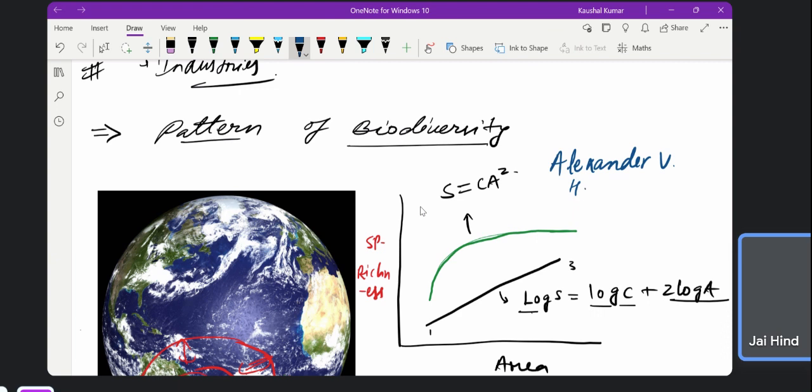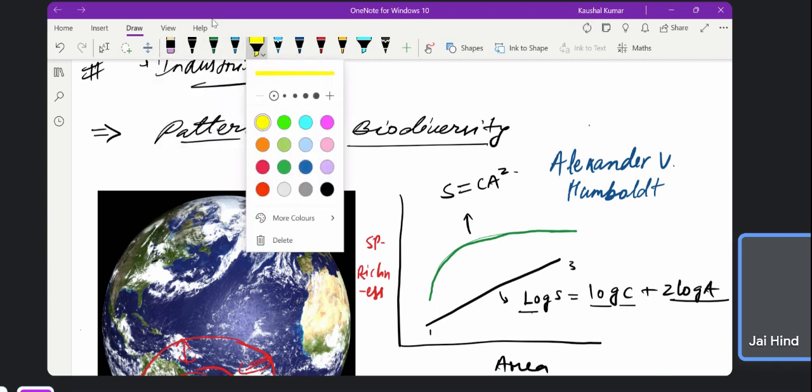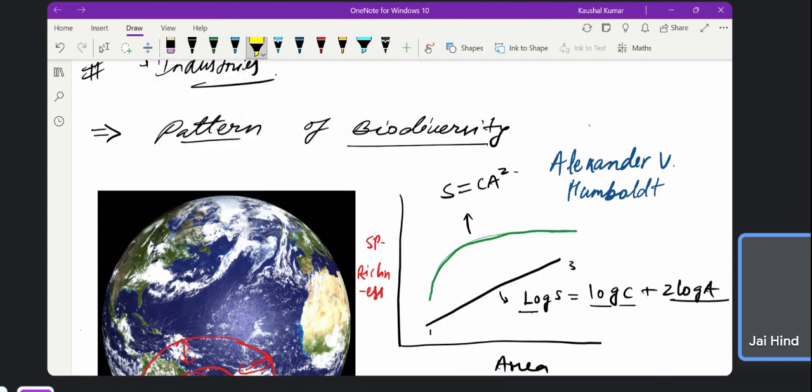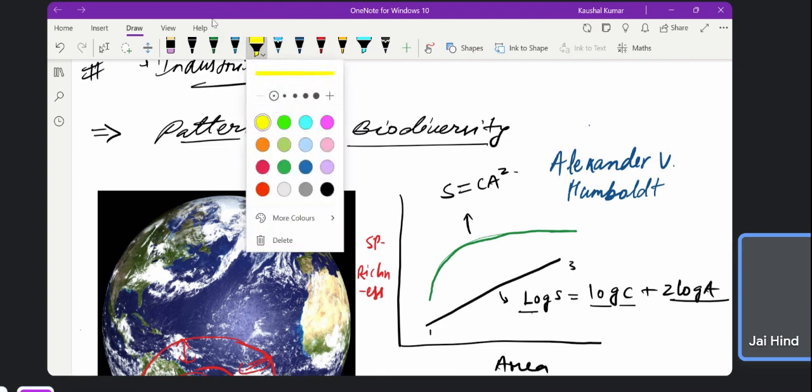Okay, so Alexander von Humboldt. This is just a graph by which you can relate how the population will be reached. Is it clear? Hope so.